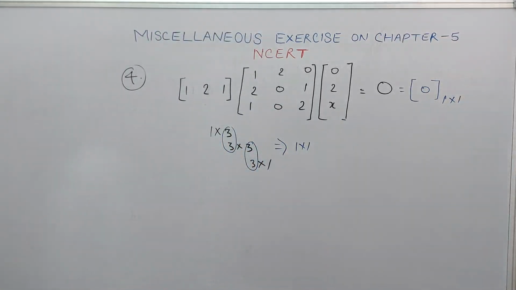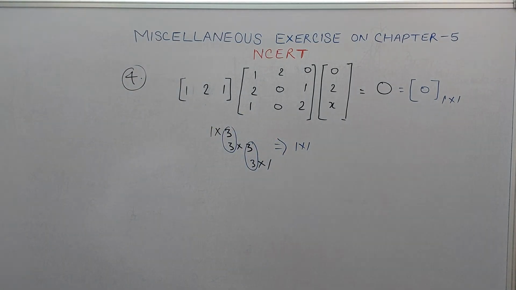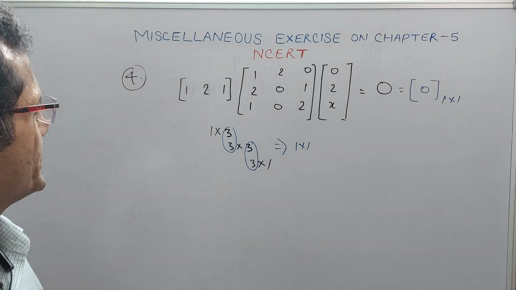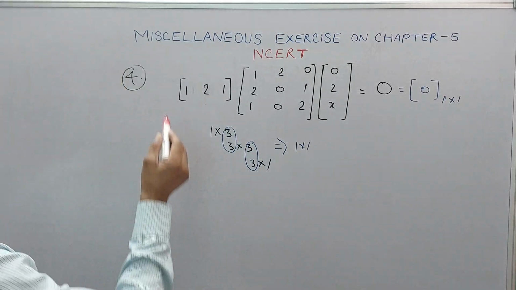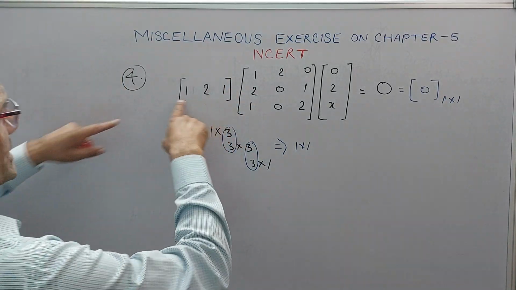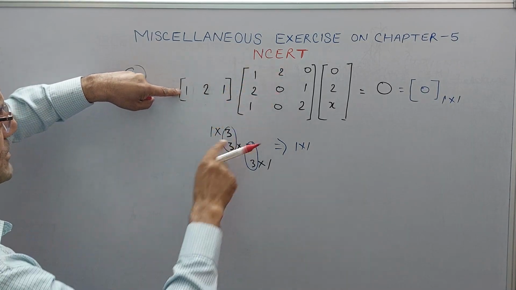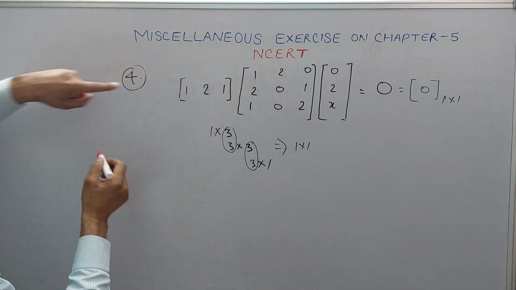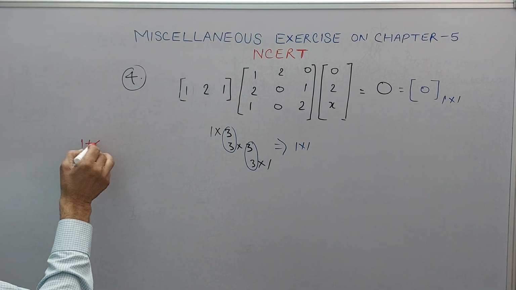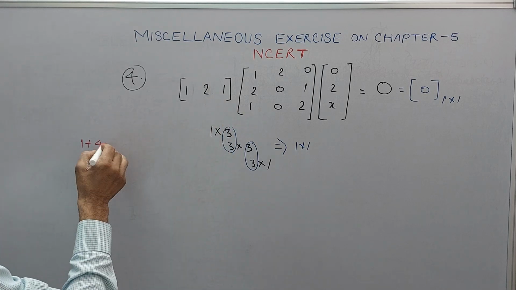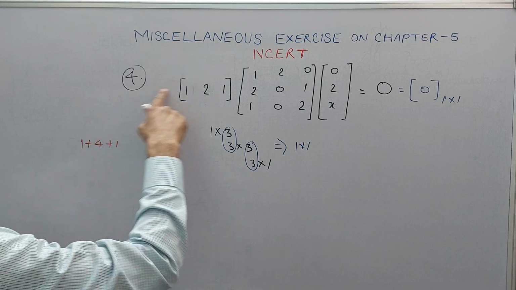So let us first multiply the first two matrices. We have to multiply the first two. Now first row, first column: 1 multiplied by 1, 2 into 2 is 4, and 1 into 1 is plus 1. Now this is first row, first column.